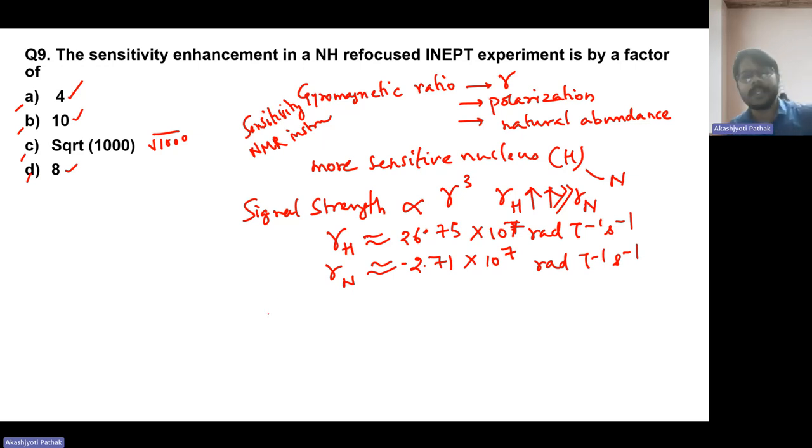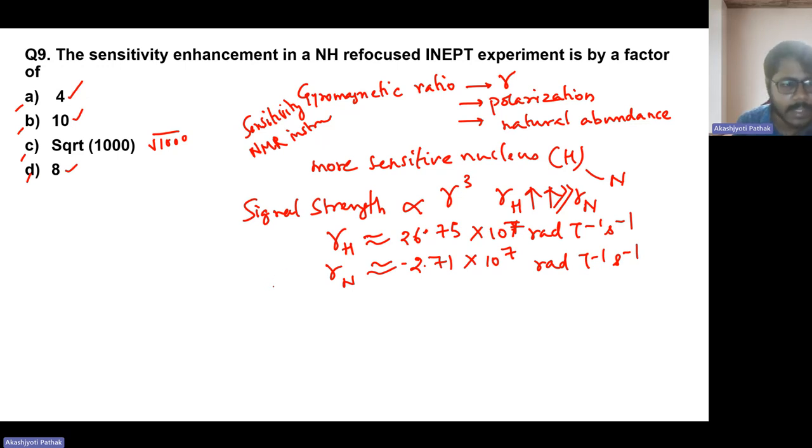In INEPT, we are trying to achieve polarization transfer from the proton, which is more sensitive, to the less sensitive nitrogen. This takes advantage of the proton. And what is the enhancement in the signal because of this?